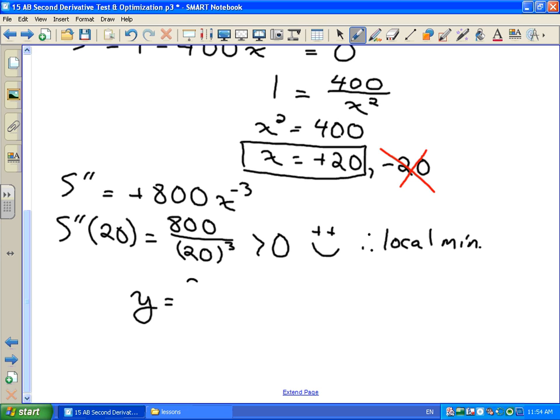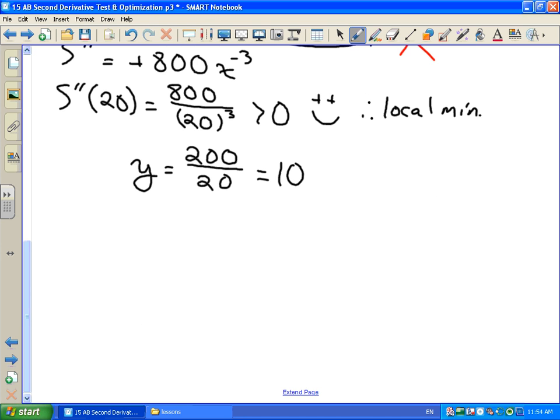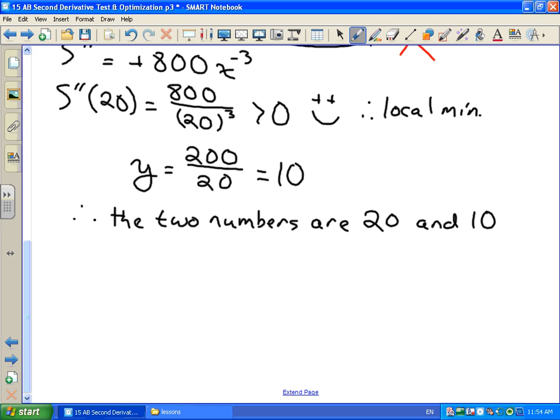So y is going to be 200 divided by 20 or 10. Okay? So then we just sum it all up. The two numbers are 20 and 10. Okay? And there's our answer.